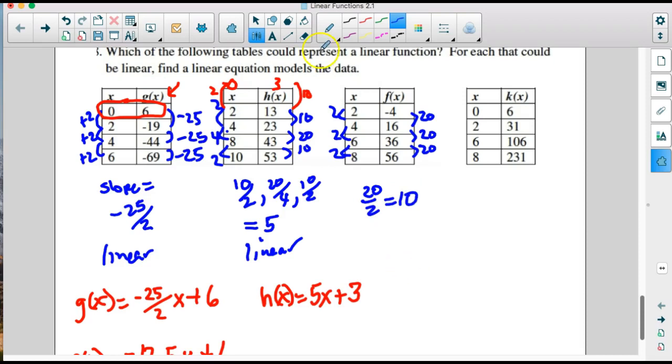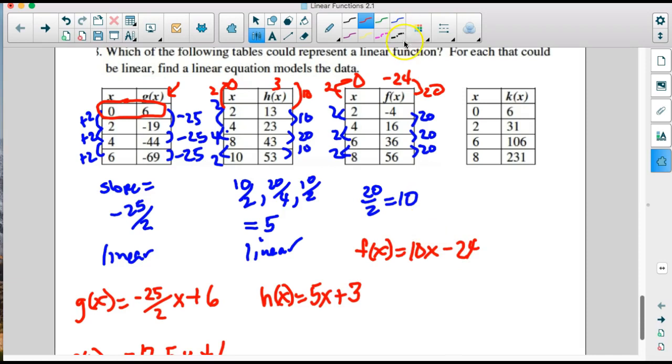All right, we're going to have to go backwards on this one as well. To get to 0, we have to go up 2 more, and this one we have to go down 20 more, so that's going to be negative 24 here. Okay, so my function here is going to be f of x equals 10x minus 24.